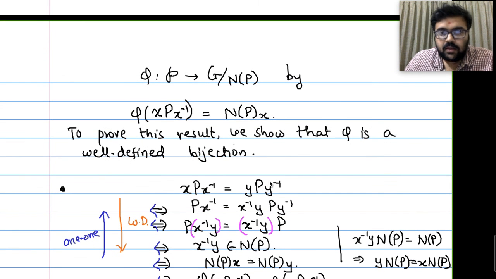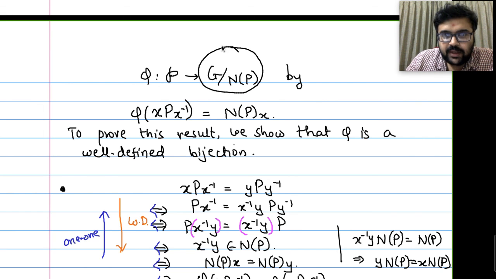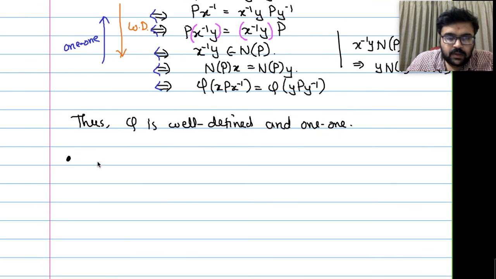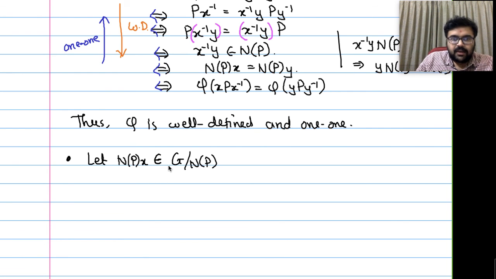Now for onto, we take an element here. An element of G quotient N(P) is a right coset of N(P) in G. So for onto, let N(P)x belong to G quotient N(P), since there is no other way. So an element is nothing but a right coset.